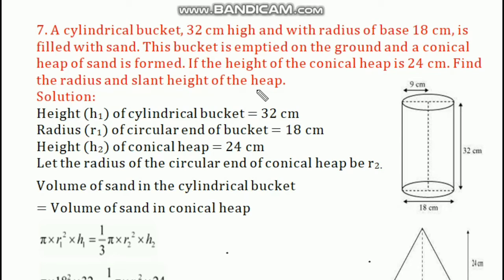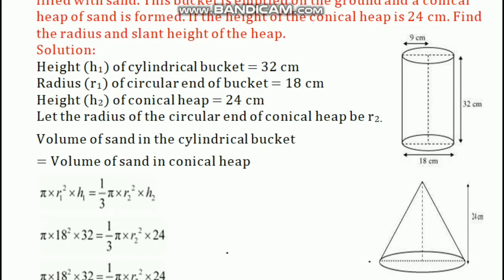Already we know that a cylindrical bucket is filled with sand. When it is emptied on the ground, it makes a conical heap. The conical heap height is 24 centimeter. We need to find the radius and slant height.